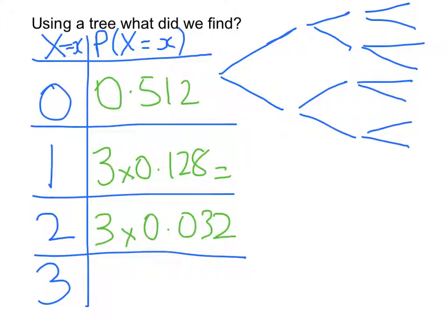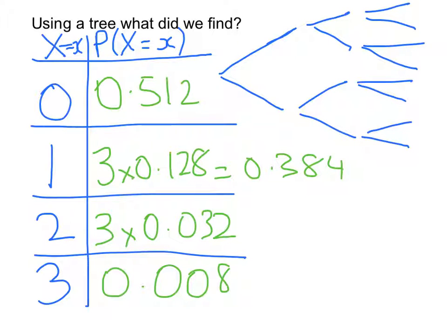And the 3 was also an easy one, so it was this probability. So let's just work out the 2 numbers in the middle. And we get 0.384, and for the next one we get 3 times 0.032. Okay, so 0.096. Right, so that's all very good. Now we've got a probability distribution for our first binomial random variable.